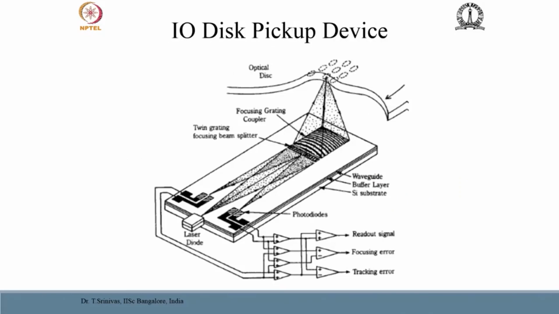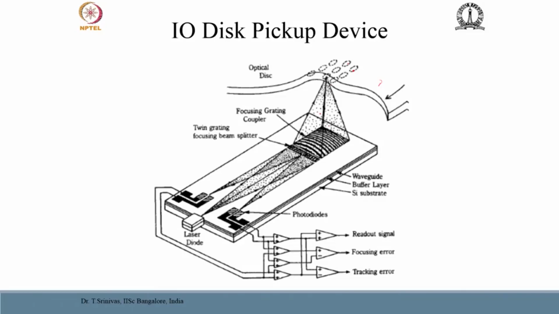So, this is a final example called a disk pickup device, quite popular some time ago. The main application is an optical disc which is very finely controlled, or the granular sizes are very finely controlled, and the optical requirement is that each of these has to be addressed very finely so that you can have high density storage.